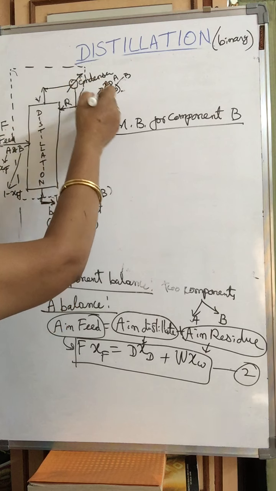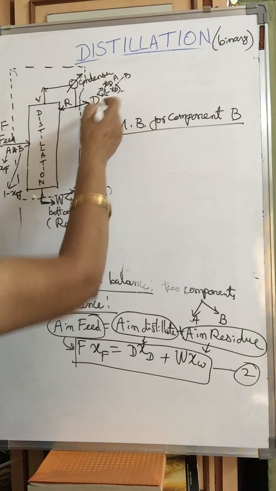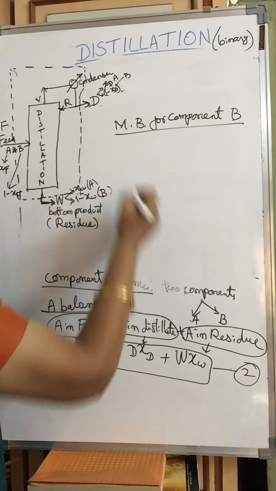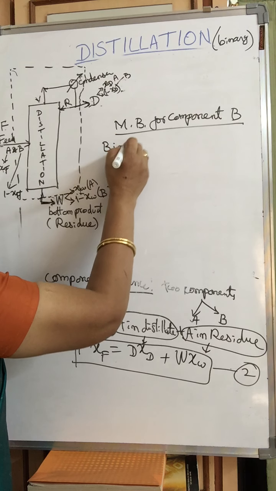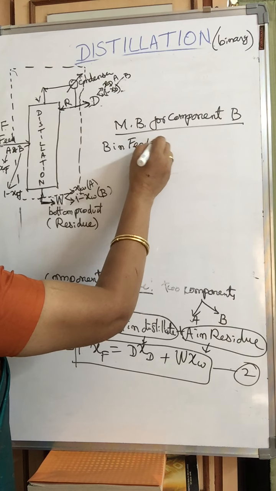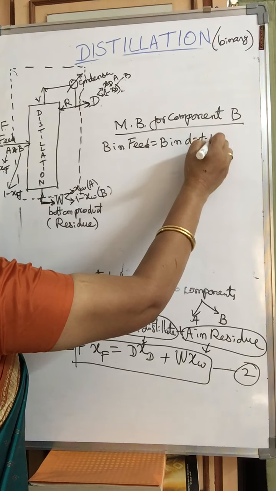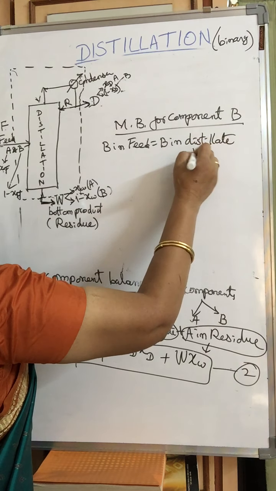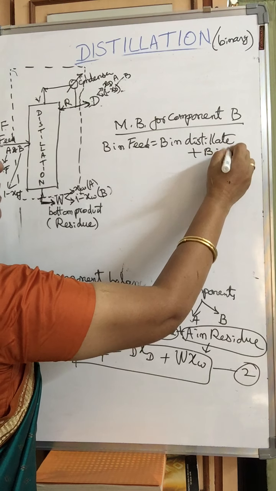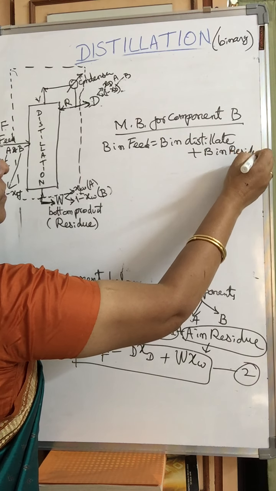B in feed must be equal to B in D plus B in residue. B in feed is equal to B in distillate plus B in residue. Okay.